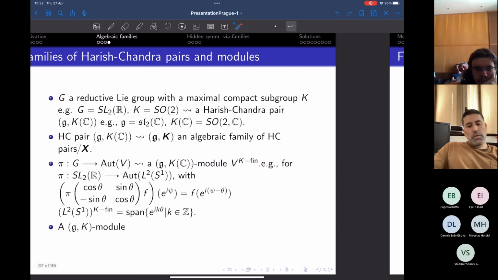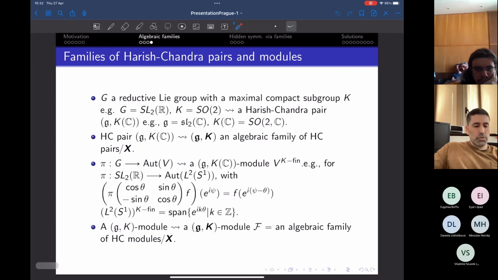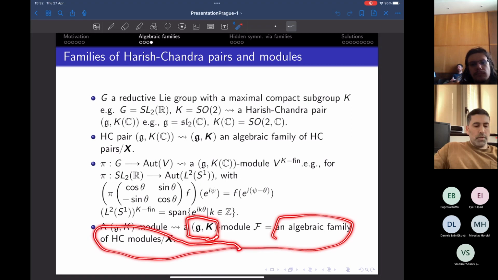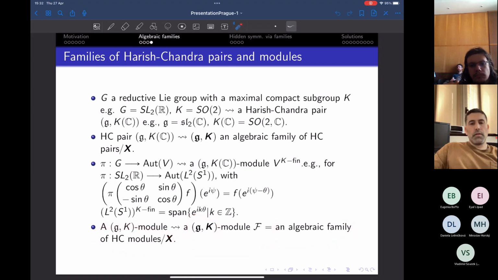Now let me explain what is a family of such. So suppose we have an algebraic family of Harish-Chandra pairs over some variety X. What is such a GK module, or what is an algebraic family of Harish-Chandra modules over this complex algebraic variety X? So we replace the complex vector space by a sheaf of OX modules. It should be a nice sheaf.